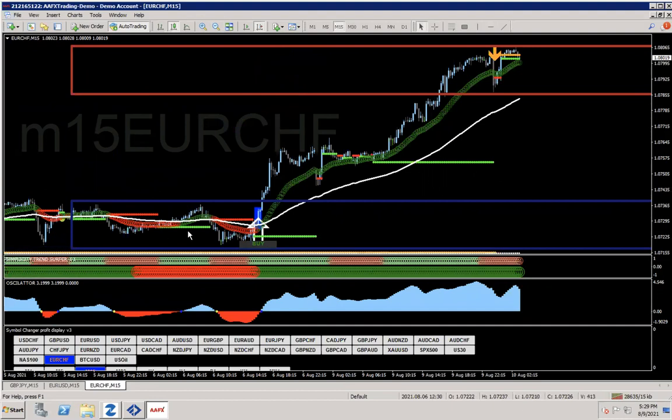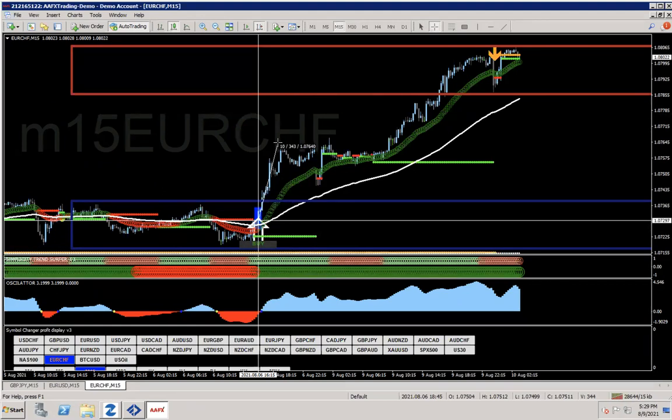So this is the opportunity right here. We saw it go up here. This thing went into immediate profit. Our stop loss would have been here, let's say 10 pips. Immediately, it went to 34 pips.